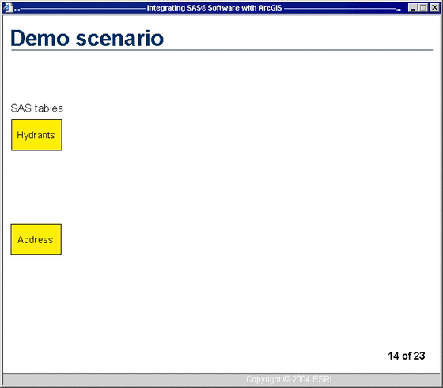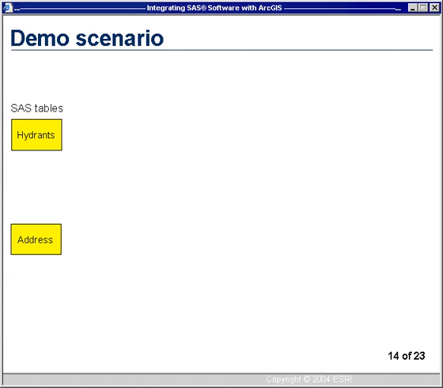Maybe you want to do some sort of analysis that attempts to answer a question, such as, was the distance of each address from a fire hydrant significant in determining the dollar amount of damage that each address sustained? Another field that we have on our address table is the dollar amount of damage.